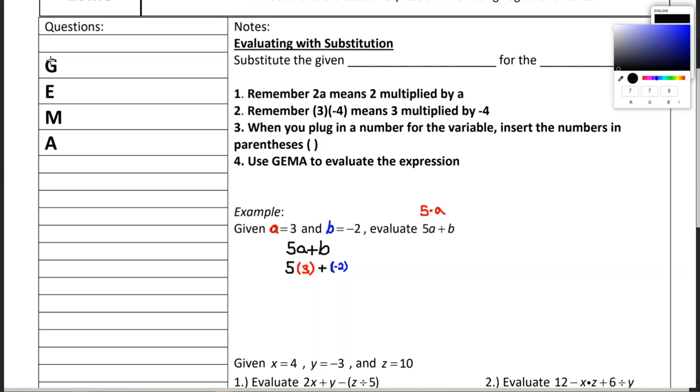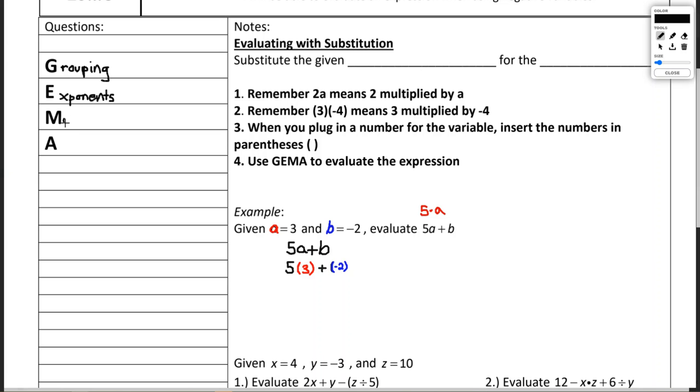Okay. Find the value using GEMMA. Remember that GEMMA means grouping, exponents, multiplication and division, and adding and subtracting.